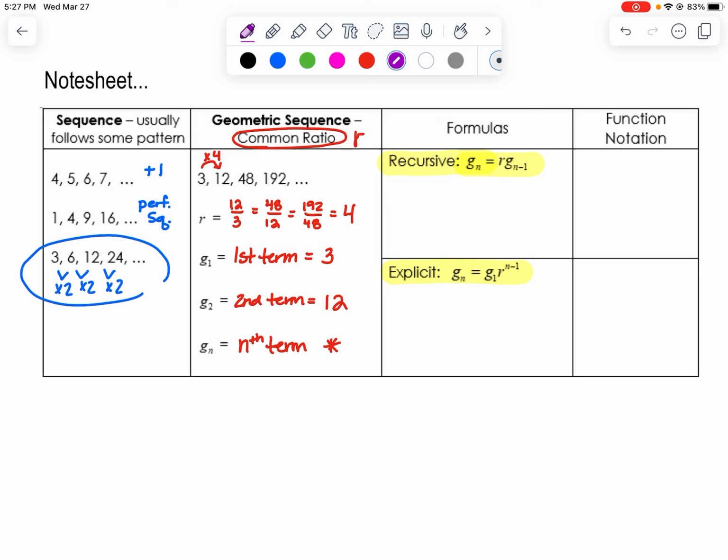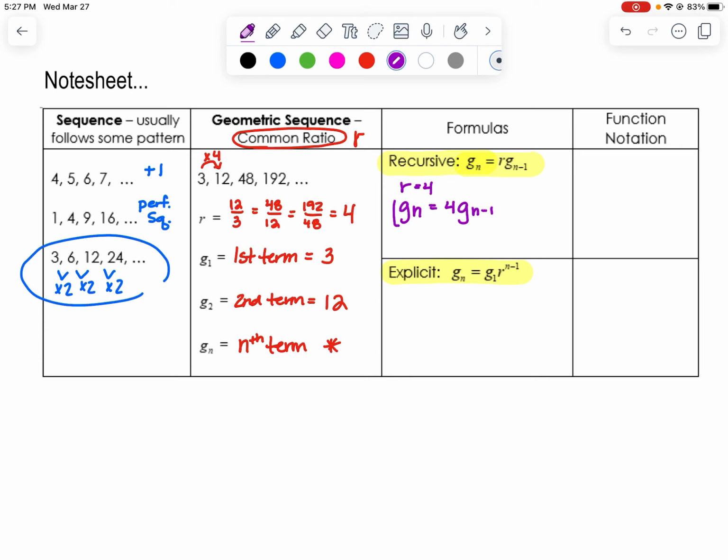So on this first one, it's a way to find the nth term. The recursive formula is a way to find the nth term, and we need R, and we know that R is 4. And so we plug that in, and we can say that G sub n, the nth term, is 4 times G sub n minus 1, which is the term before the nth term.